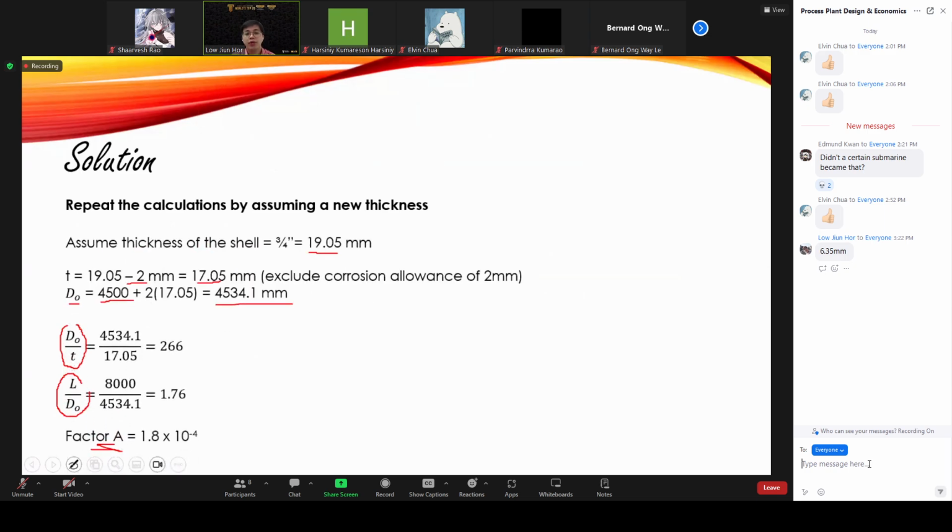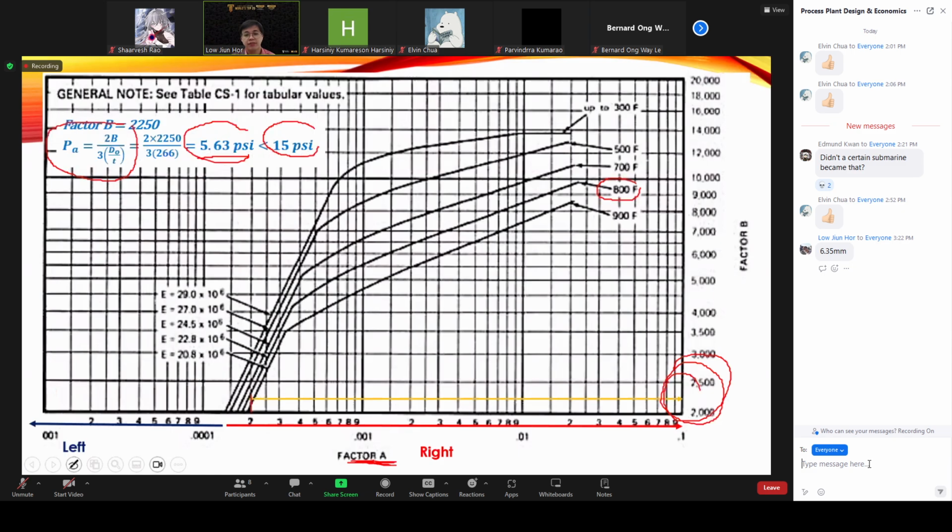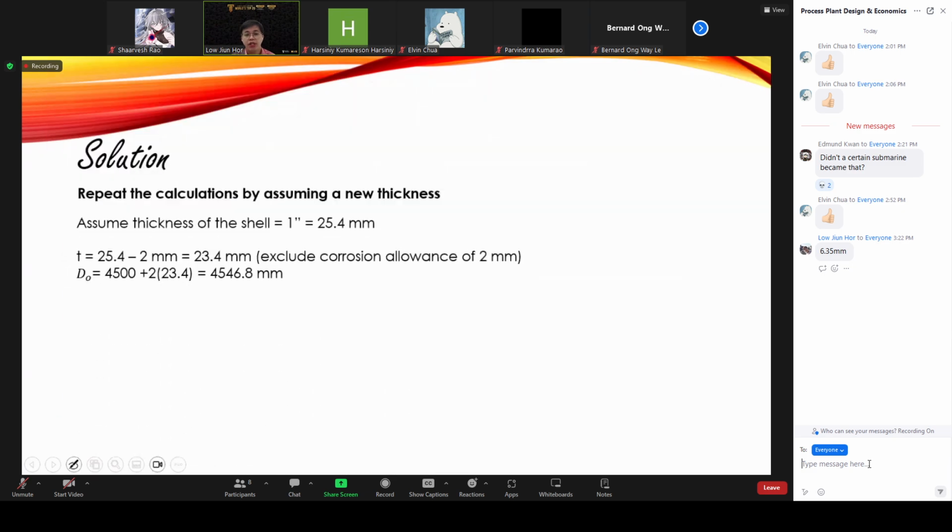Then what we are going to do is we use the second assumed value here, proceed to add up with 6.35 millimeter again, then you will get the third assumed thickness. Now our third assumed thickness is this one, 25.4 millimeter. Similar, minus the corrosion allowance, get the thickness, multiply with 2, add up with the inner diameter to get the outer diameter.